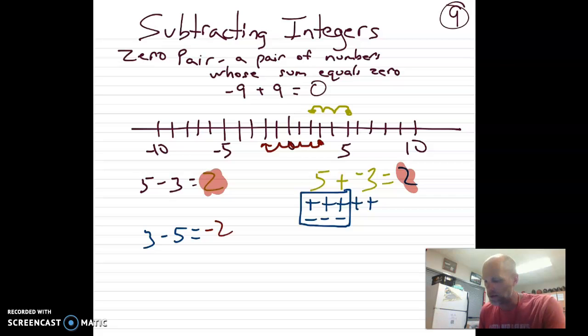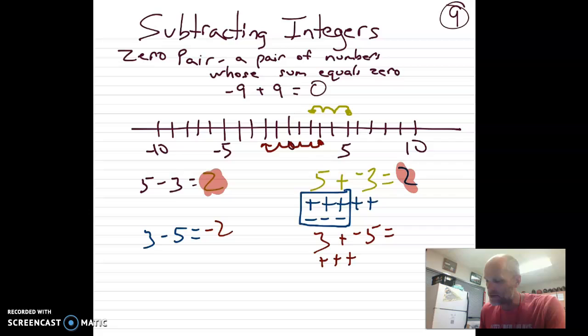Let's try something else. Let's take the same problem, but do 3 plus a negative 5. Go back to when we were adding. How many positives do we have? We have 3: 1, 2, 3.